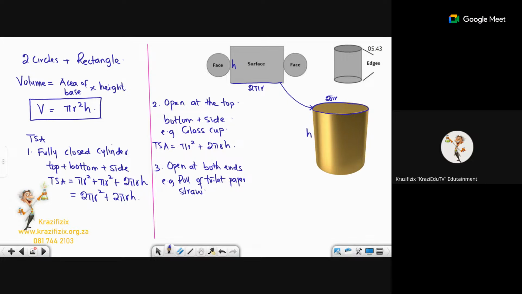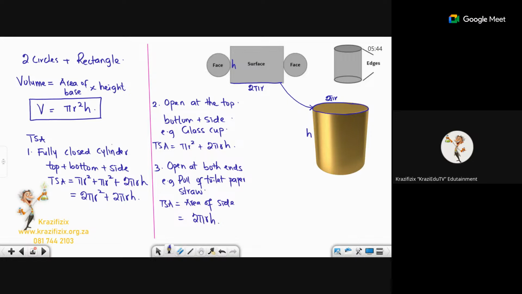When you buy your cold drink, that straw has no top and no bottom. It's a cylinder. So the only thing we have in the total surface area is the side, because it has no top and no bottom. So what's your answer? 2 pi rh. Guys, that's how to work things out.